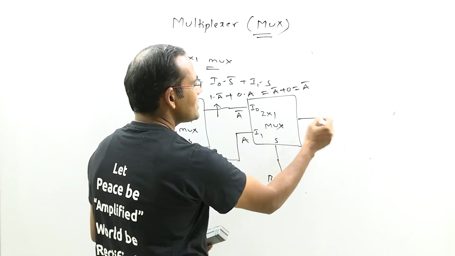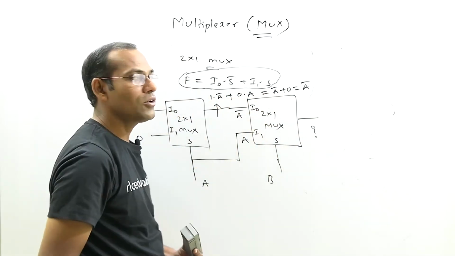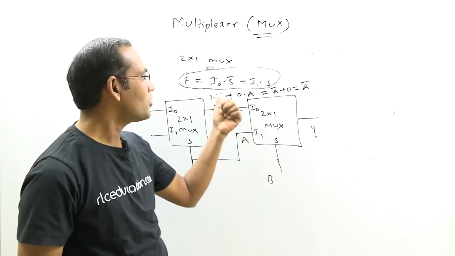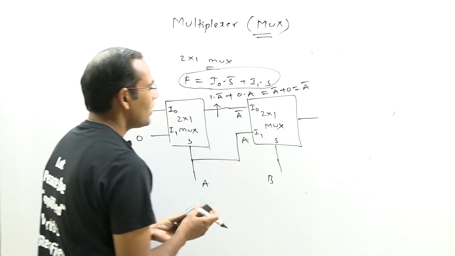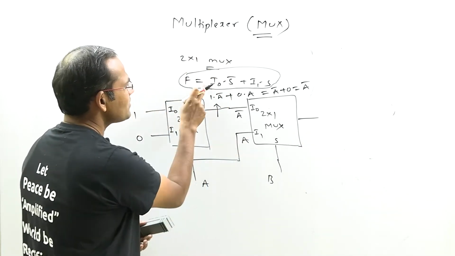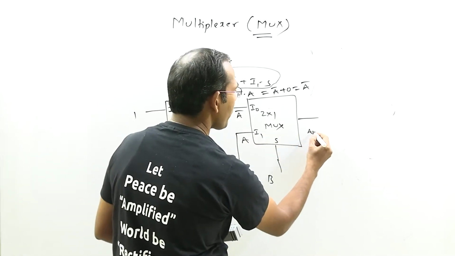Now I want to identify this one. Once again, use this 2 by 1 mux output expression: I0 into S bar plus I1 into S. So here I0 is A bar.